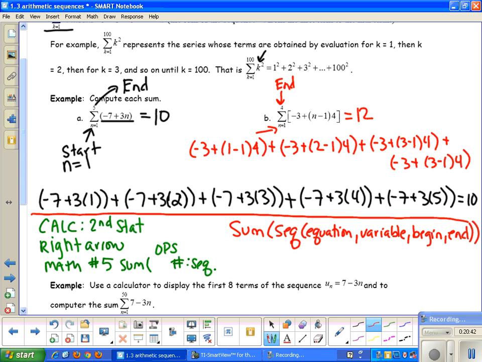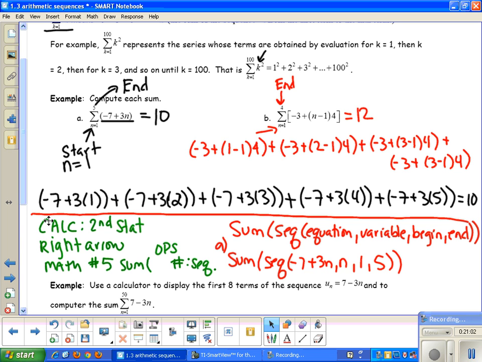So for example, for the first one that we did, I would do the sum. So this is example A, the sum of the sequence. And then I would plug in -7 plus 3n, comma, n, comma, 1, comma, 5, and then enter.